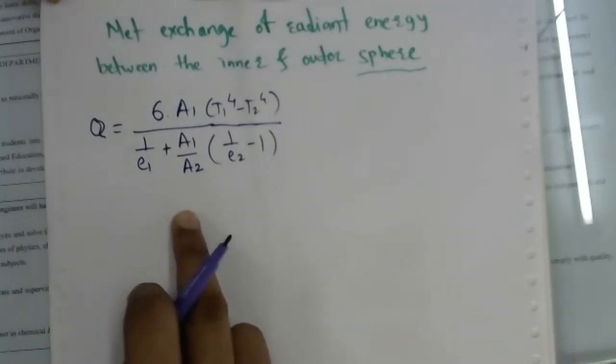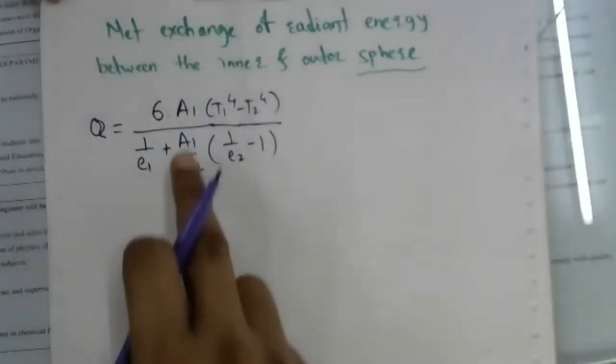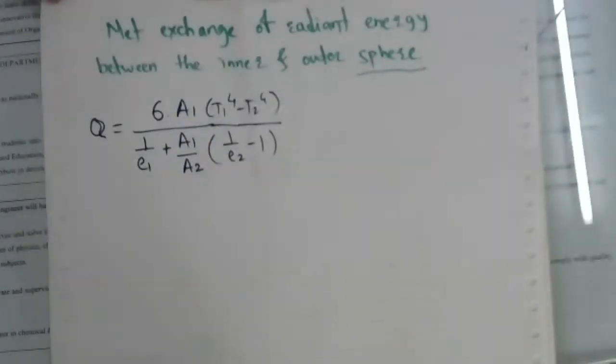So this equation is also applicable for the cylinder. Only the difference is what exactly the area. So area of sphere is different and area of the cylinder is different.